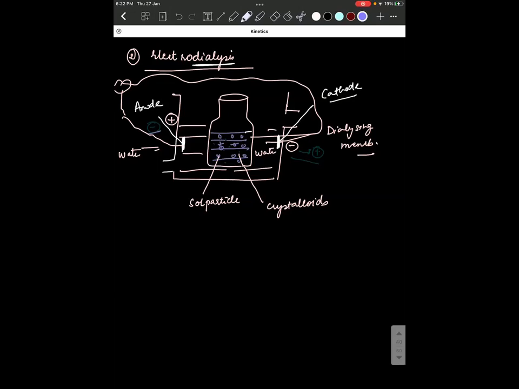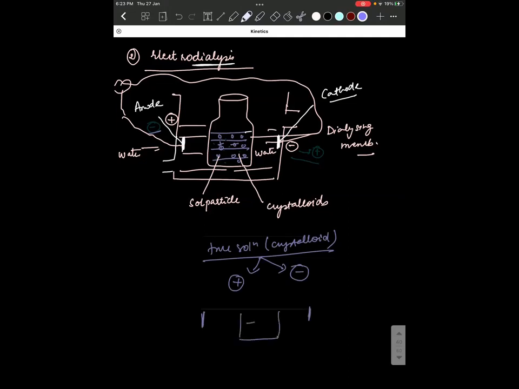The true solution or crystalloid particles will be having both positive and negative charges. Now we have placed two electrodes here, and here the solution has both positively charged and negatively charged particles. I am talking about only the true solution.